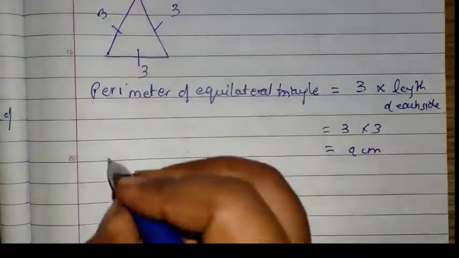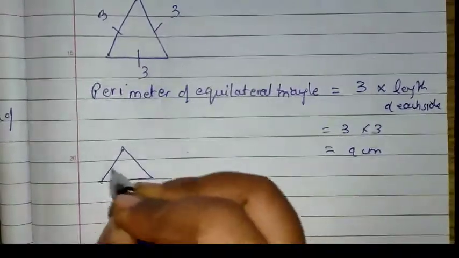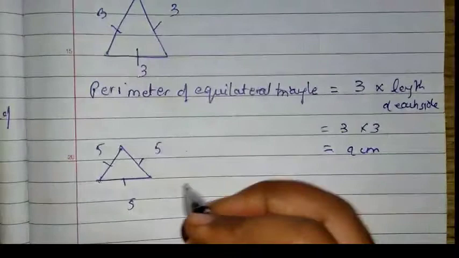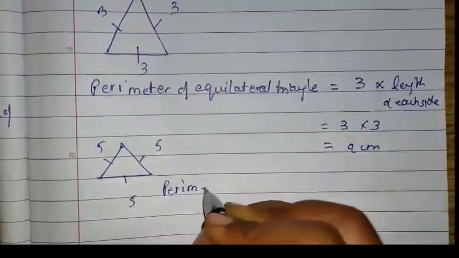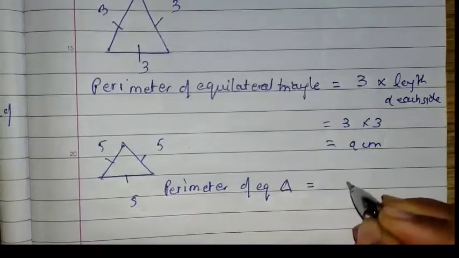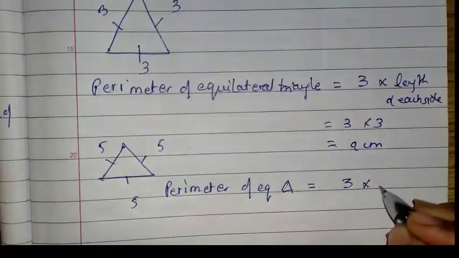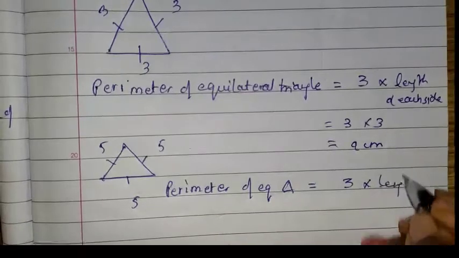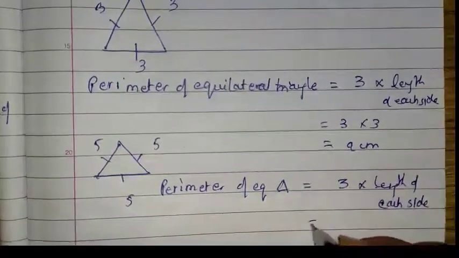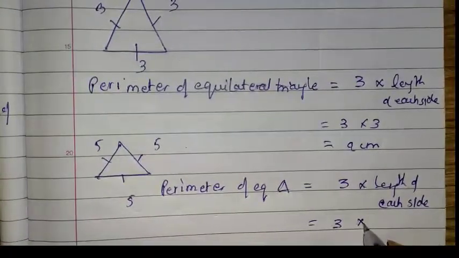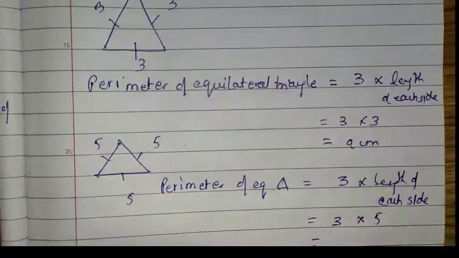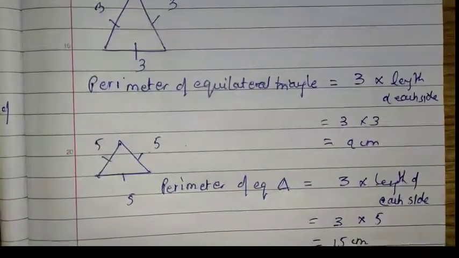Let's take another example of an equilateral triangle with side 5 centimeter. All sides are 5 centimeter, so the perimeter would be 3 into length of each side. After substituting the value, the length of each side is 5 centimeter, so we get 15 centimeter.